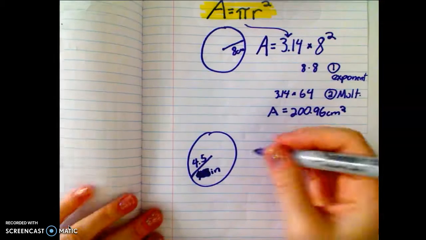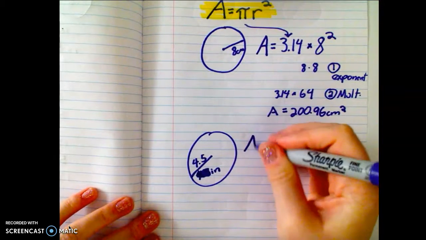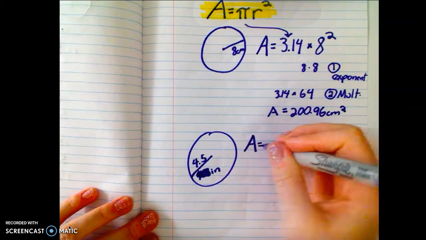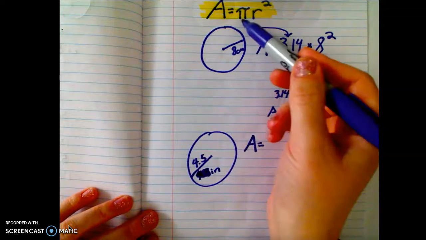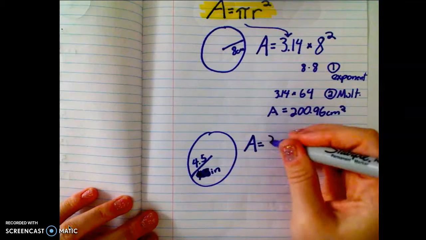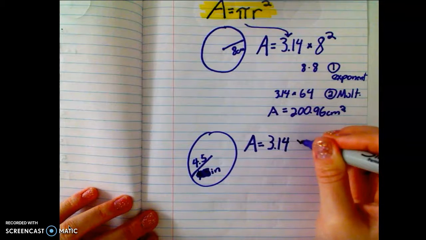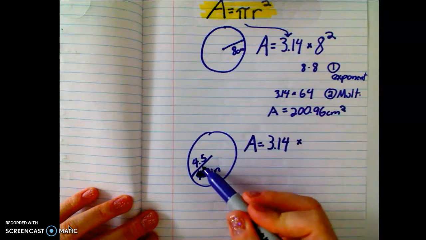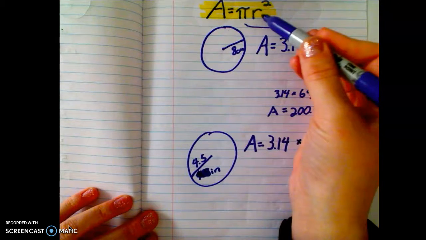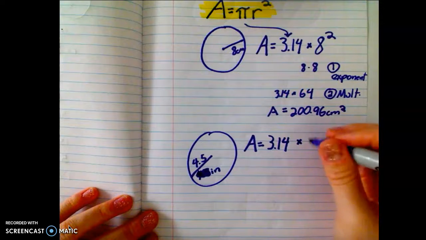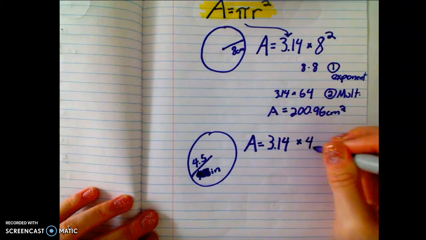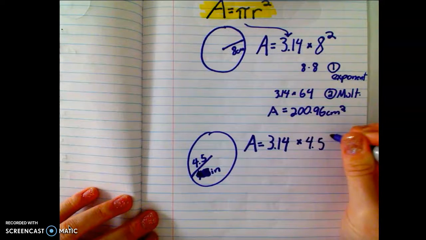Let's do this. So our area needs to equal pi, which we've rounded off to 3.14, times the radius, right? It said radius, squared. So that would be 4.5 squared.